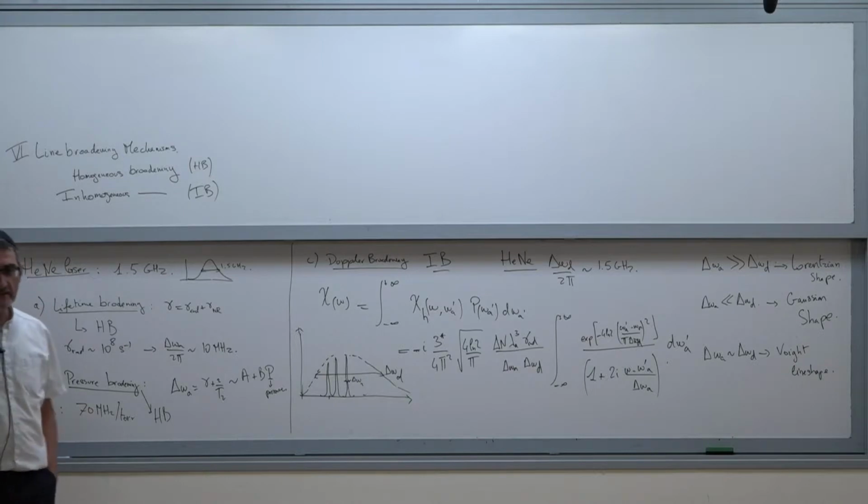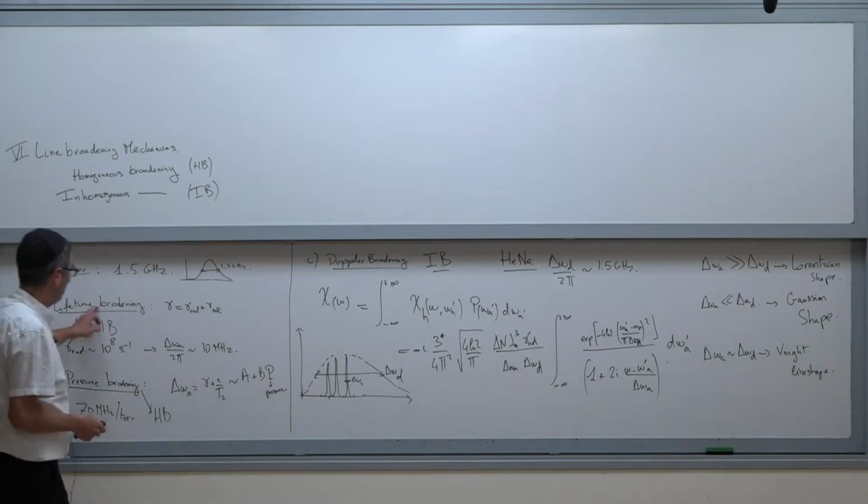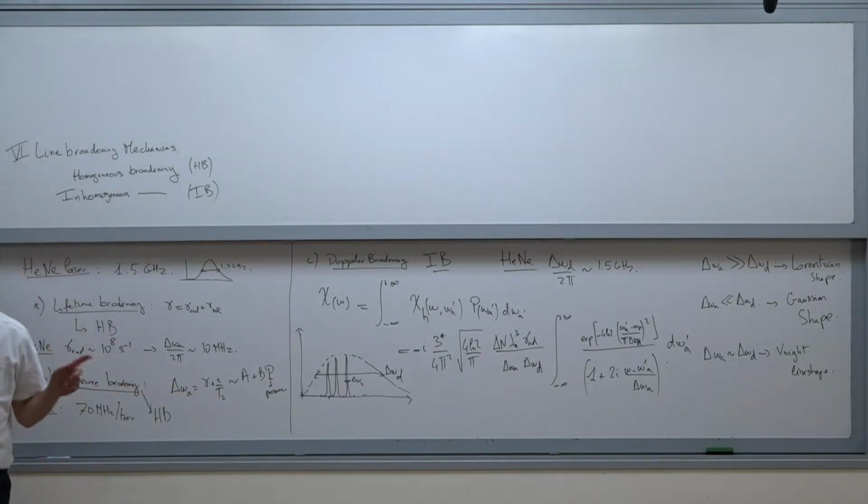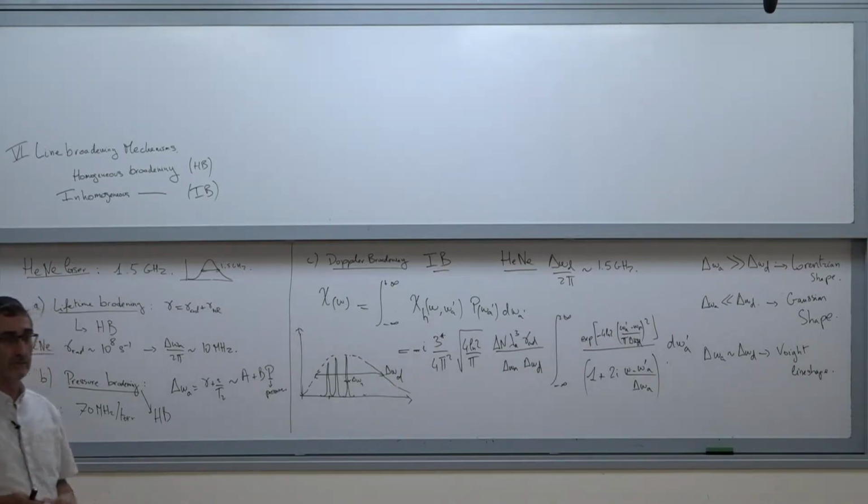Okay. In solids, it's more difficult to find. Most of the effects are related to lifetime broadening and to this T2 here due to interaction with the matrix. So you have atoms that are embedded in a crystal, in a matrix, and the vibration of the matrix interacts with the atoms.